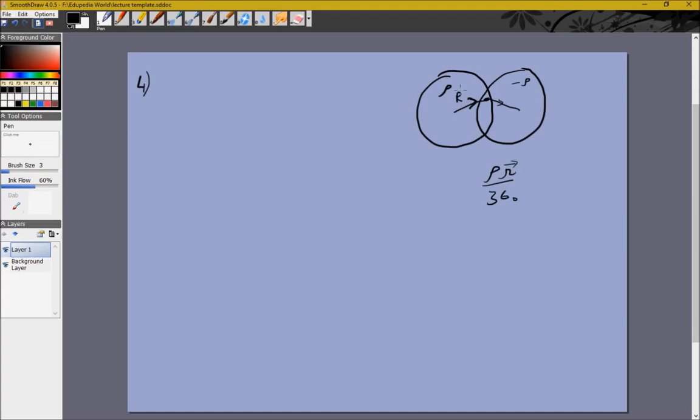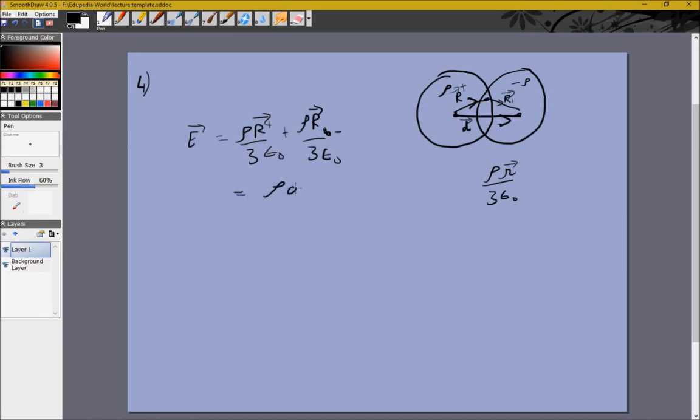Let's say this vector is r plus and this vector is r minus. So the net electric field will be rho r plus by 3 epsilon naught plus rho r minus by 3 epsilon naught. Right, but what is the sum of these two vectors? It is this vector. Let's call it a constant d vector, which is the vector from the center of one to the center of the other.